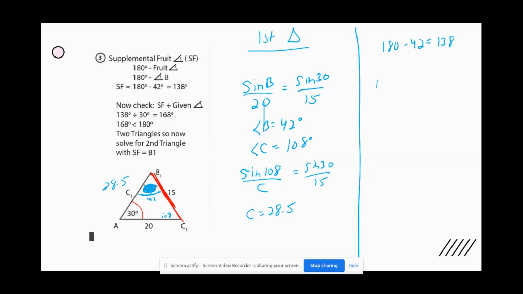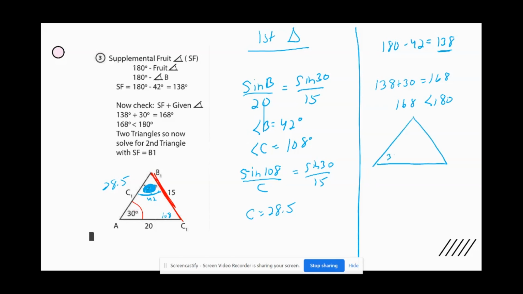Now, take that new angle for angle B, add it to the given angle, 30, and I get 168. And guess what? 168 is less than 180. So this 138 is a possibility. So remember how we found angle B was 42? Another possibility could be 138.